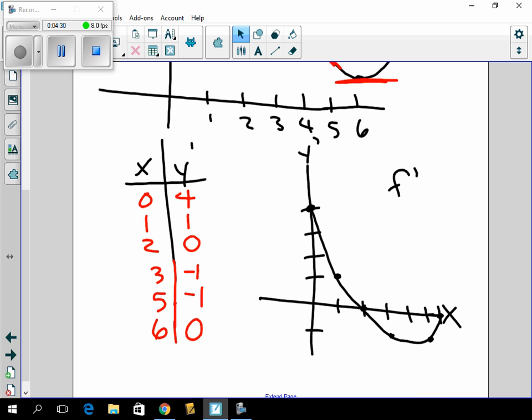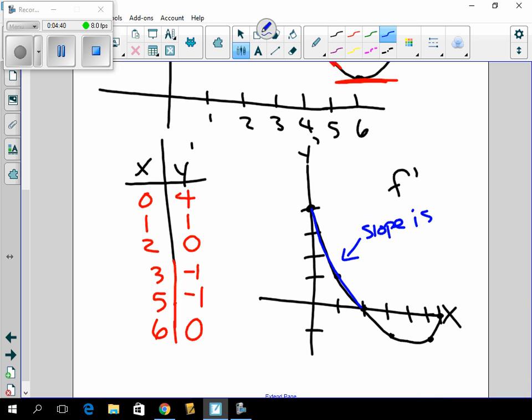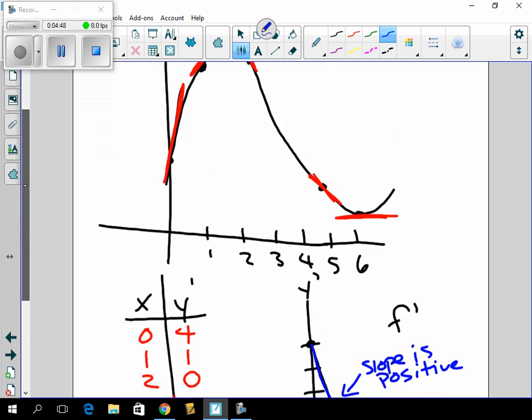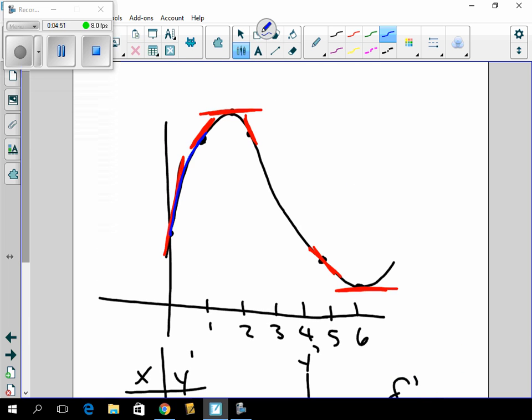A few things we can notice about this graph: right here, in this blue section, my slope is positive. So my slope is on the positive side. And if I go back looking from 1 to 2, yes, my slope was positive and it was increasing.